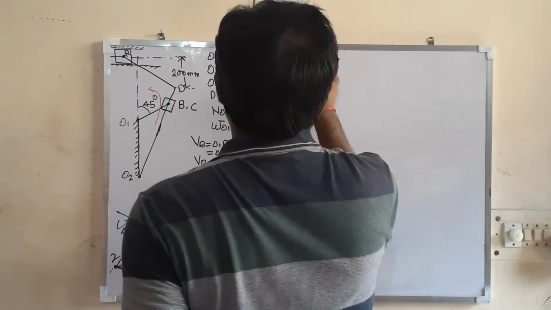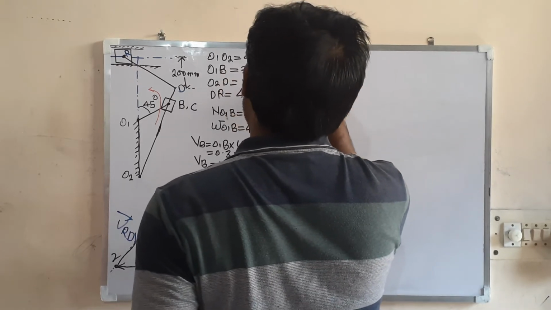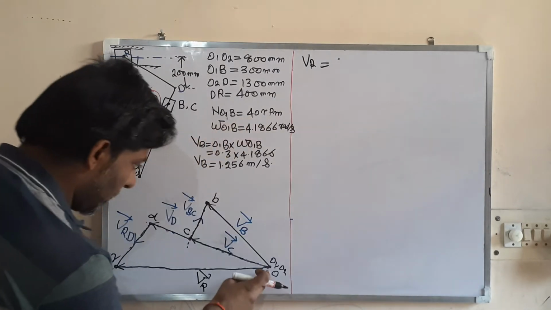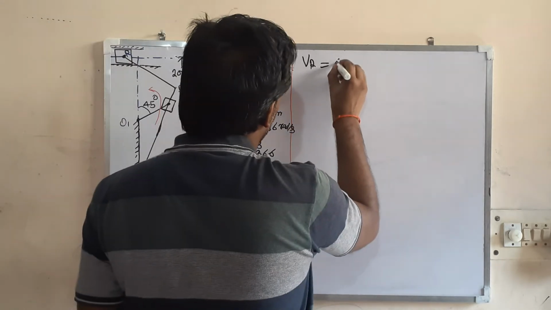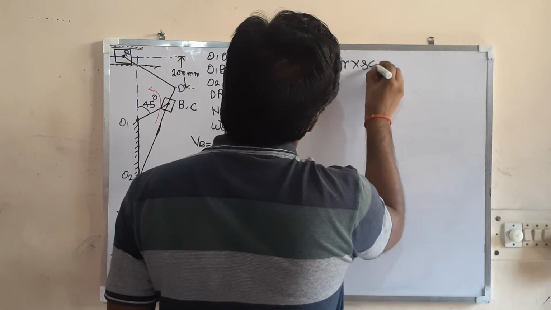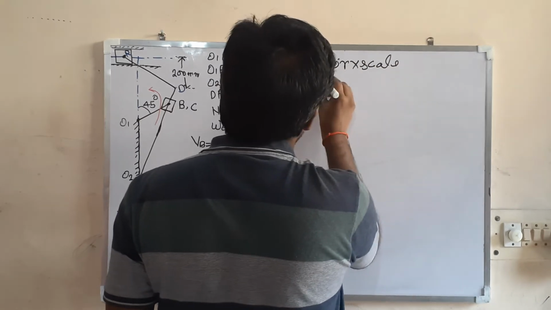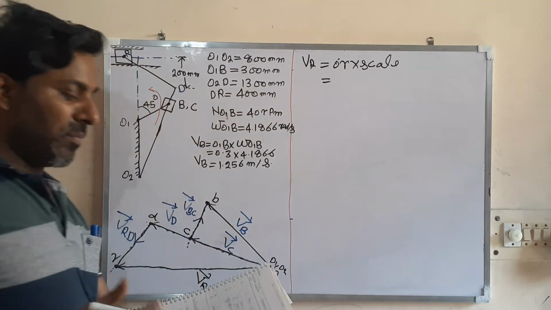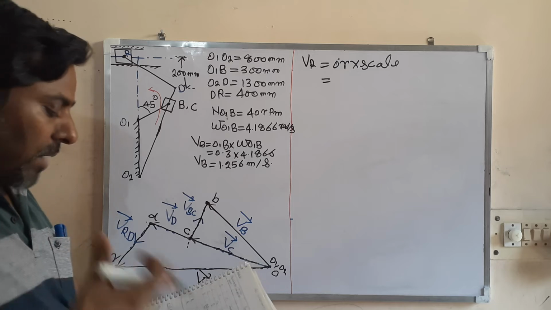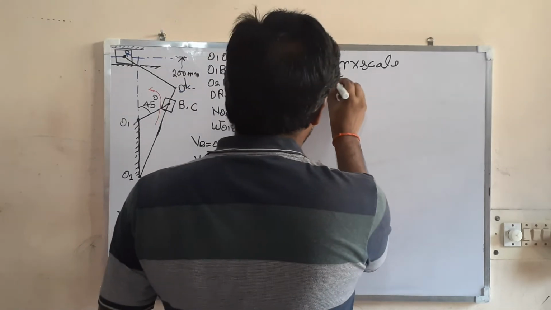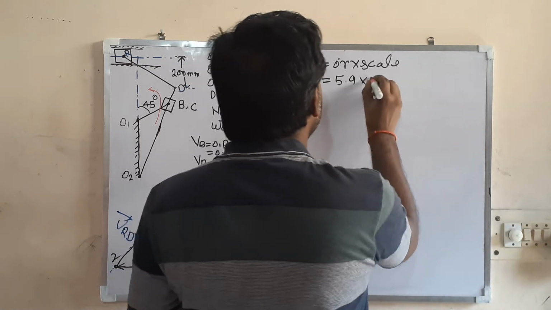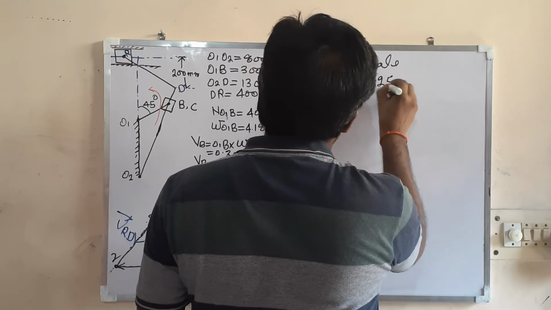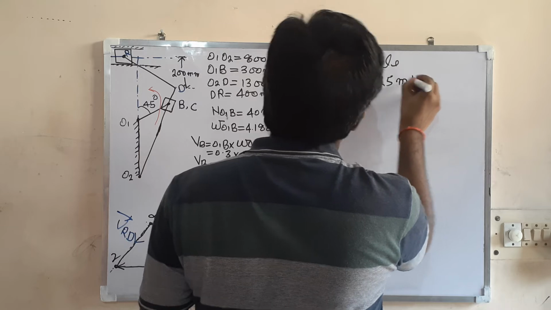So velocity of ram VR is equal to this, just you measure by the scale, OR into scale. So this OR by the measurement in my scale I am getting 5.9 centimeter, and 1 centimeter is equal to 0.2 meter per second.